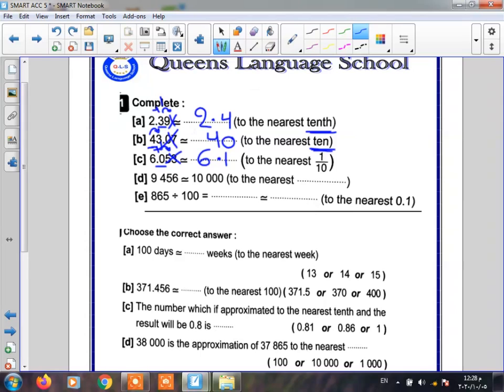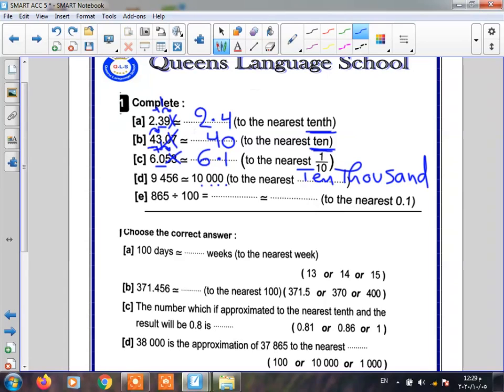If we find 3 zeros, the nearest 1000. But if we find 4 zeros, that's mean here we make it approximate to the nearest 10,000. So again, to know this number approximated to the nearest what, count the number of zeros.